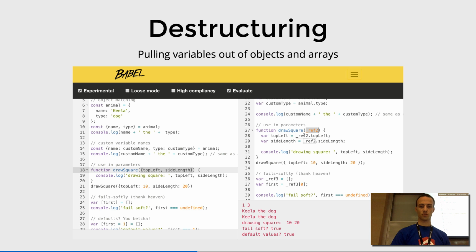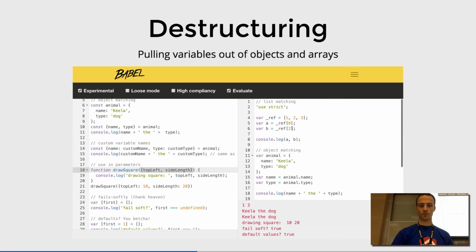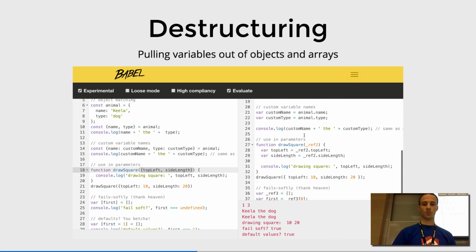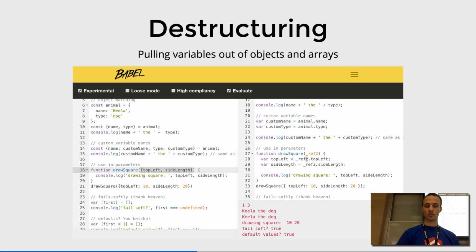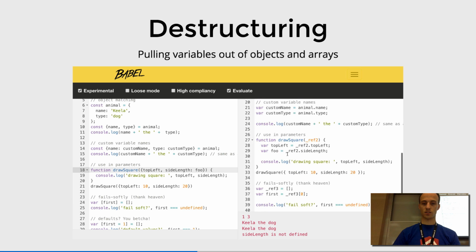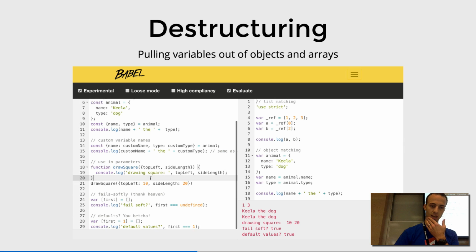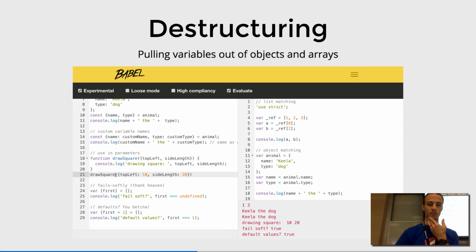We call this ref2 because ref was already taken in the closure, and Babel rocks. And so we pull out the top left and side length, and if I wanted to assign that to my own thing, I'd say foo, and the output would assign that to foo. And then we just call that with an object, and it just pulls those off.